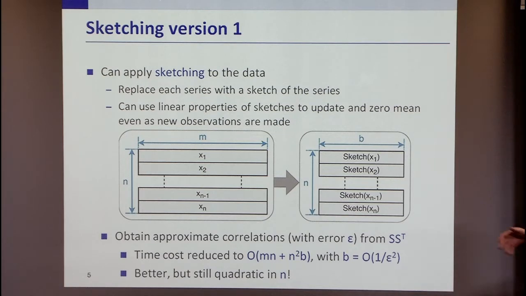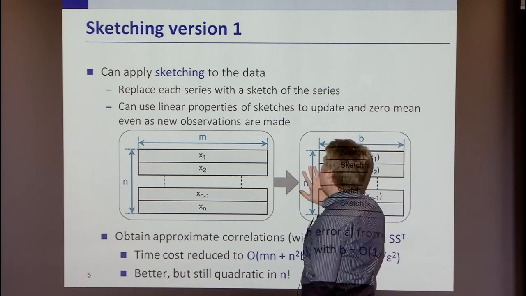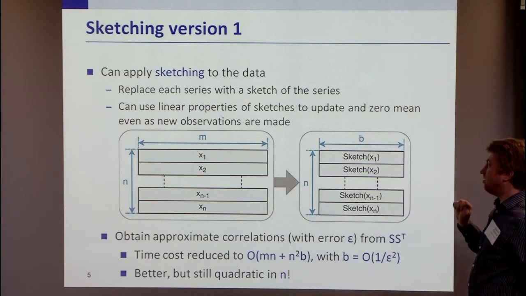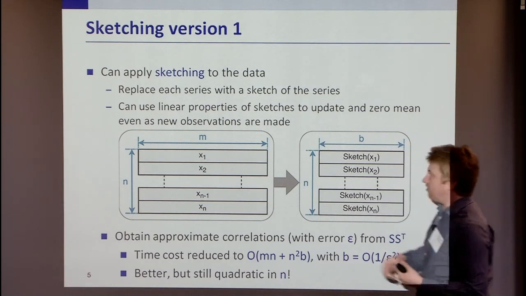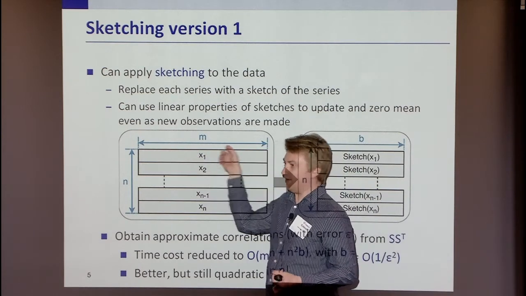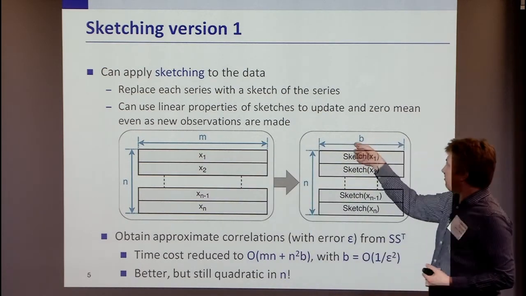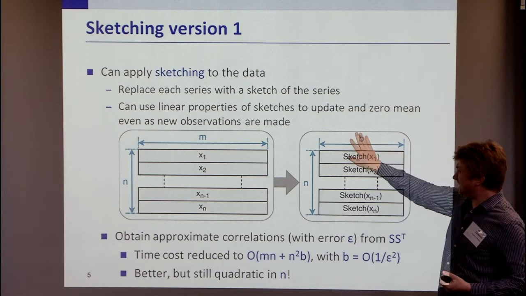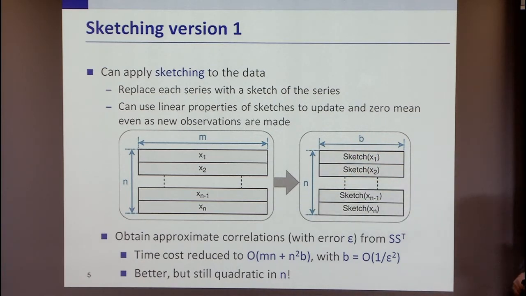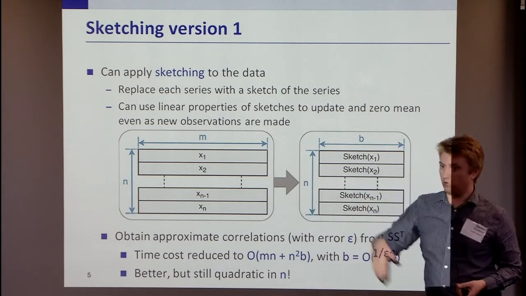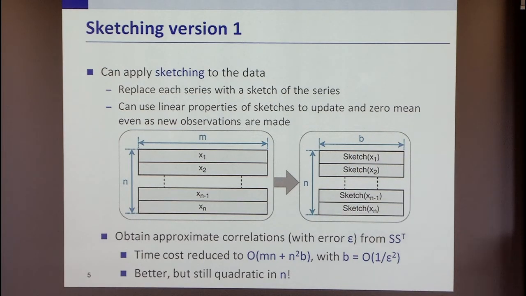Well, essentially what this step says is you can kind of ignore m, right? And this again comes up a lot with sketching, that although your data originally may have been high dimensional, essentially, to make this work, b has to be at least logarithmic in n for the probability to work out. But because you can do this, you can kind of ignore what m was to begin with and just assume that you're now working with short enough sequences.